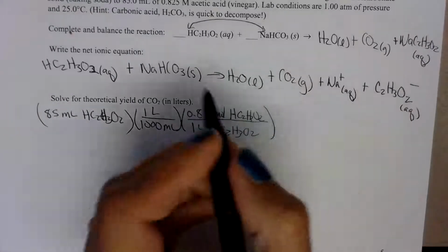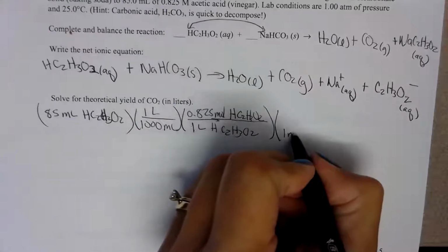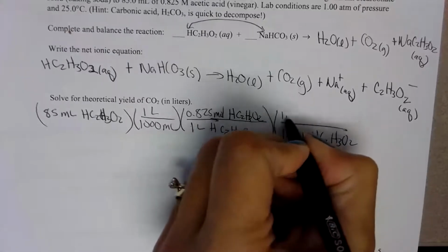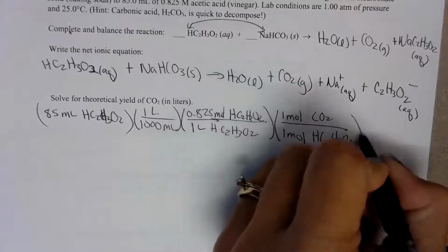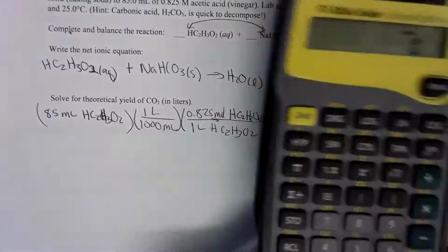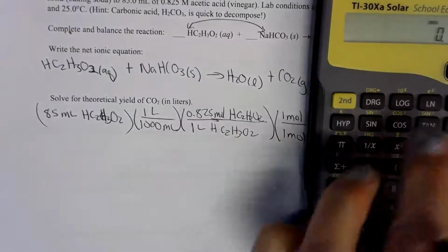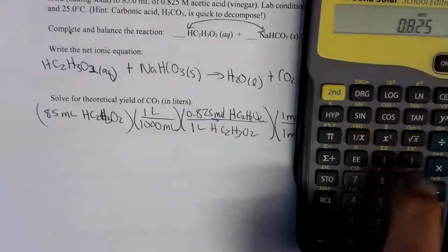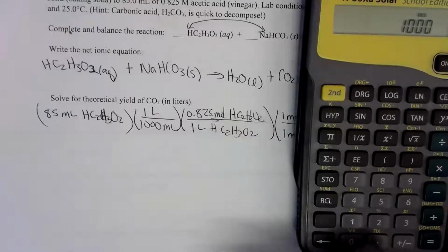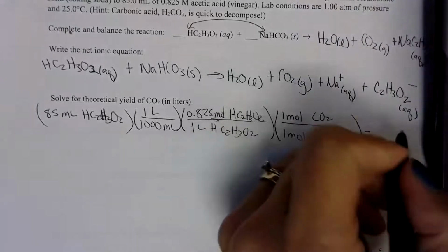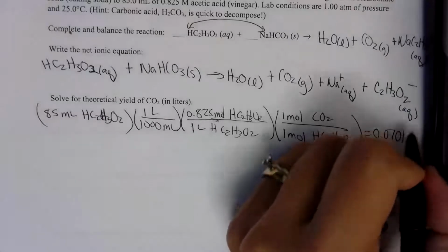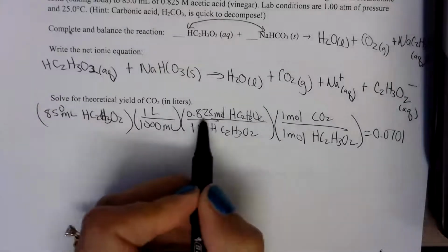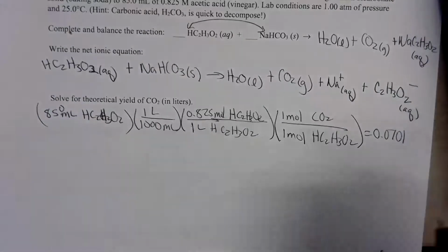We want to get to moles of gas. We know for every 1 mole of acetic acid, you get 1 mole of CO2. So we can put that in our calculator. I tend to multiply all the things on the top and then divide by the numbers on the bottom. So 0.0701. We started off with 85.0, so we had 3 sig figs, 3 sig figs, 3 sig figs is a reasonable number for our answer.